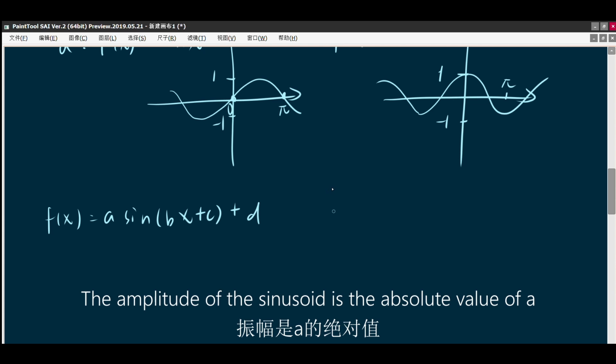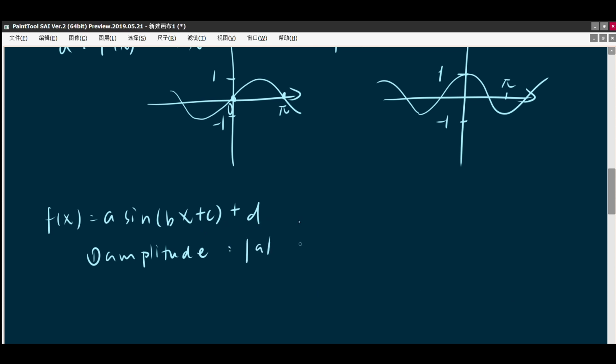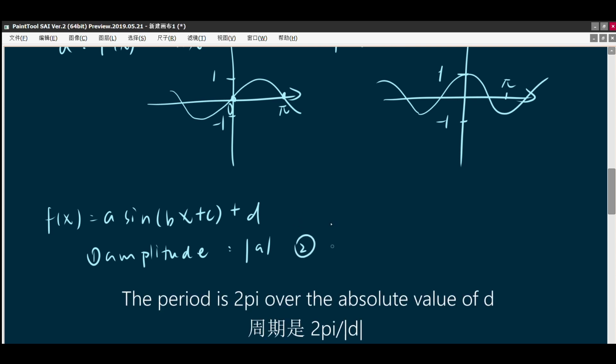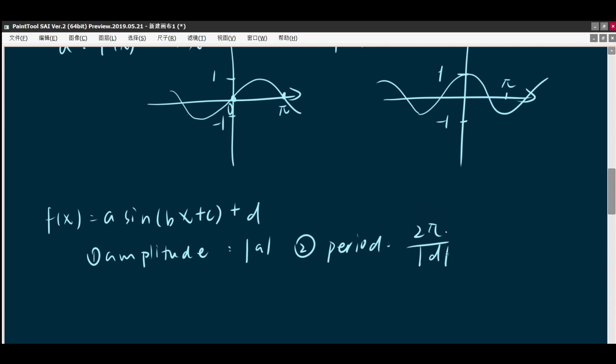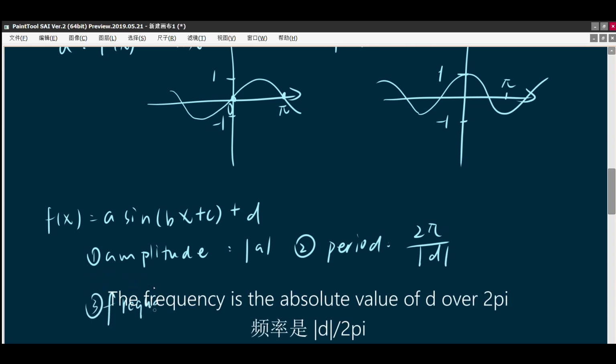The amplitude of the sinusoid is the absolute value of a. The period of the sinusoid is 2 pi over the absolute value of b. The frequency is the absolute value of b over 2 pi.